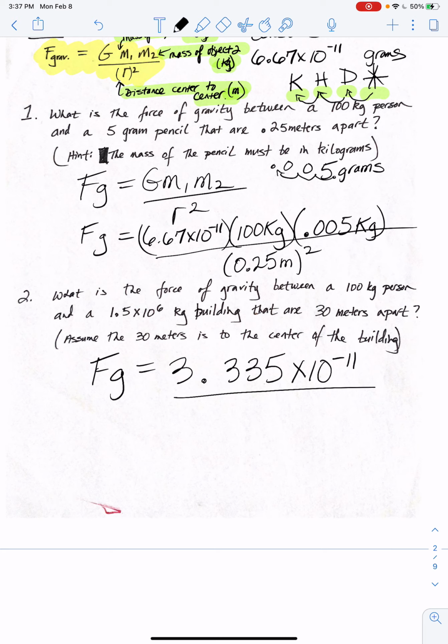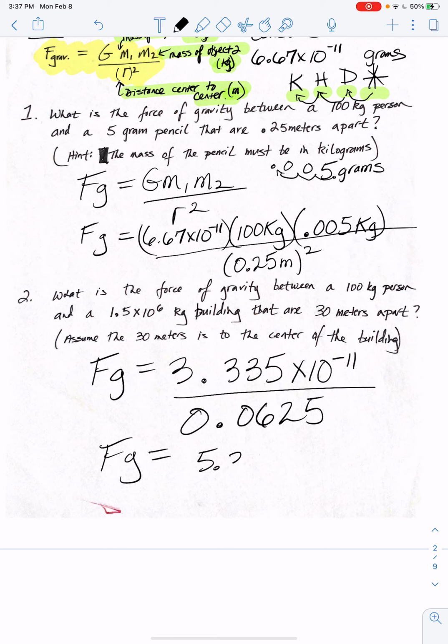On bottom, I would have units of meters squared, but once again, not going to write it, 0.0625. Okay, so we'll plug that in our calculator one more time and get 5.336 times 10 to the negative 10th newtons.